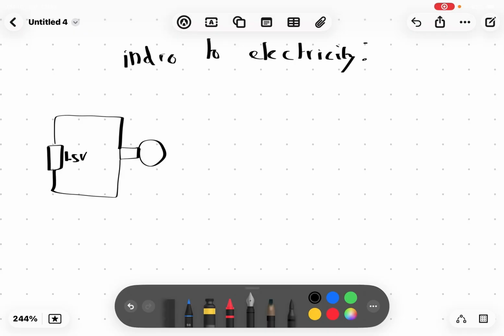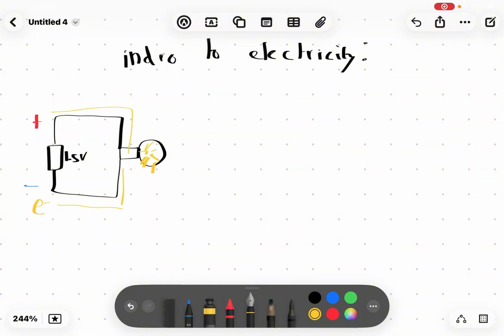Okay, so let's say we have a 1.5 volt battery. Basically, the point is that electrons go from negative to positive in real life. It goes through the light bulb, heats it up, and then it creates light.